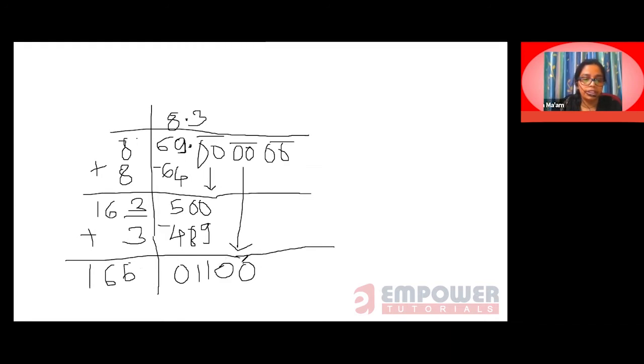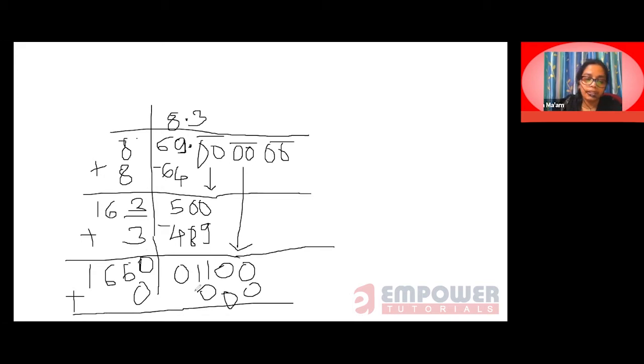Now if you see, if I am taking 1 over here, this number will be greater than this one. So I cannot take 1 over here. So I will take 0 over here. So 0 into 0, everything will be 0, which is less than 1100.